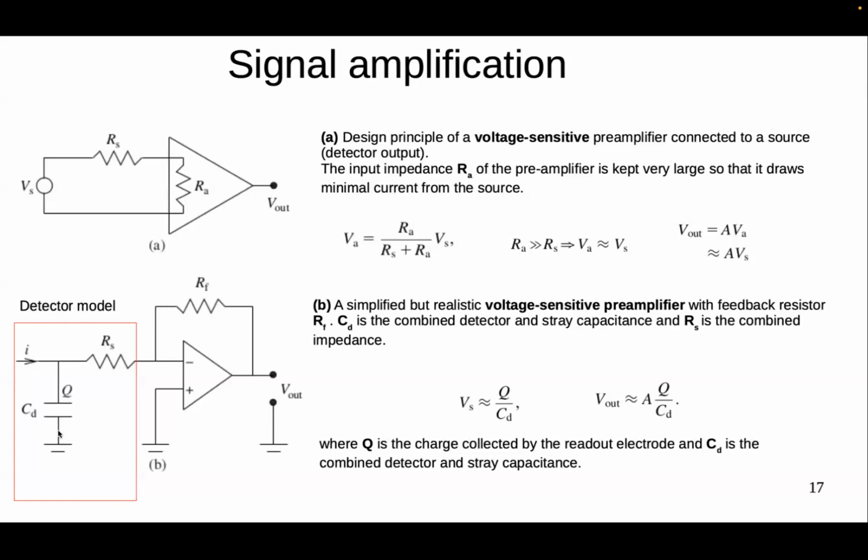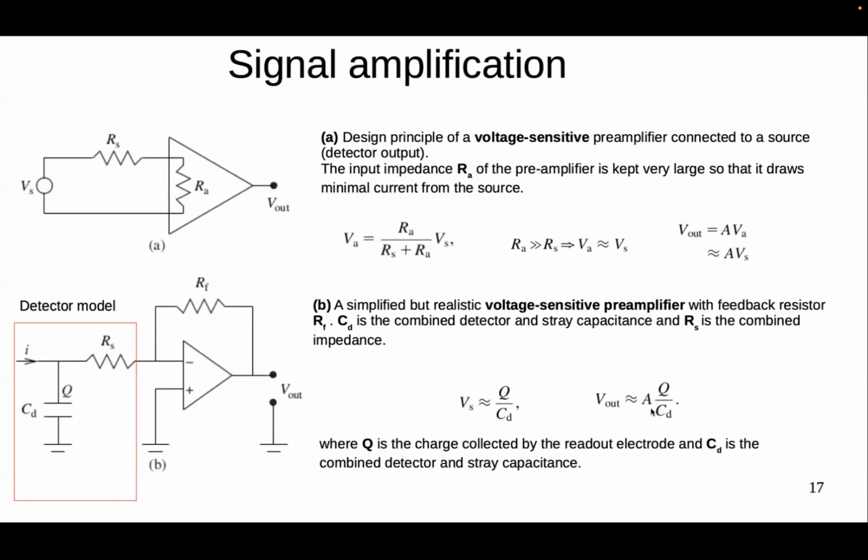This stage here is the detector model, with its resistance and its capacitance. So the voltage at the input will be basically the charge in the detector divided by the capacitance of this detector.